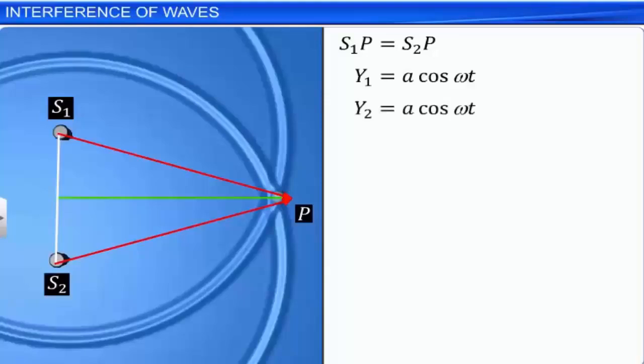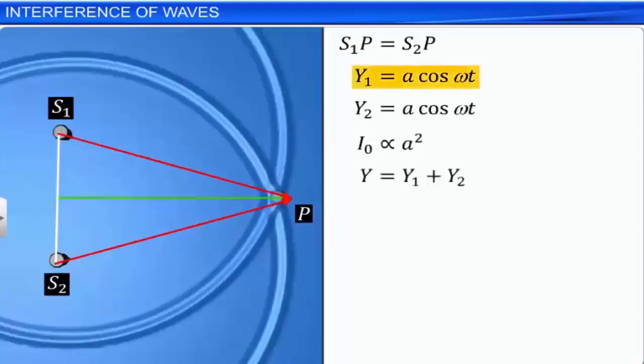We know that the intensity of a wave is proportional to the square of its amplitude. Therefore, if I0 is the intensity produced by each of the sources, then I0 is proportional to a square. The resultant displacement at P, y = y1 + y2.